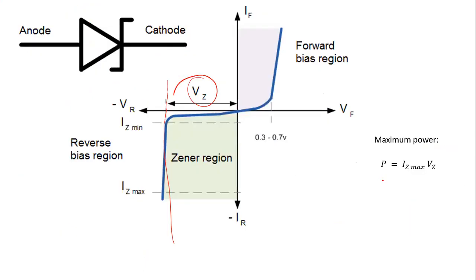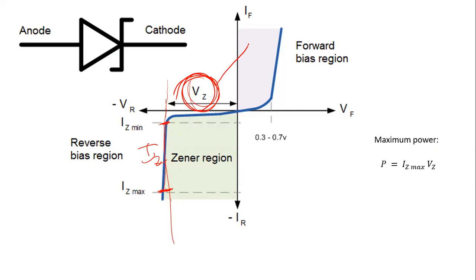As you see in the IV characteristics of a Zener diode, at a fixed value of Vz, Iz can vary between Iz minimum and Iz maximum without altering your Vz value.